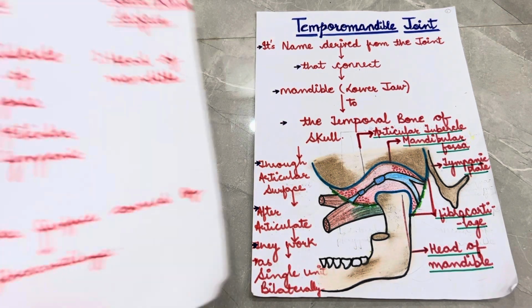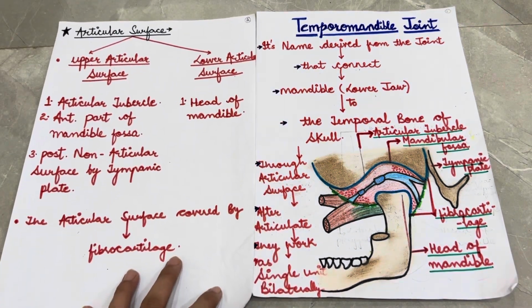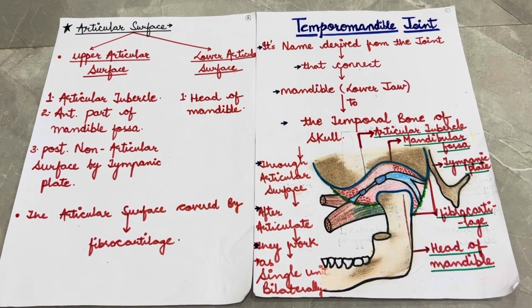Now we'll study the articular surfaces. Articular surfaces are the surfaces which provide connection between these two bony components.